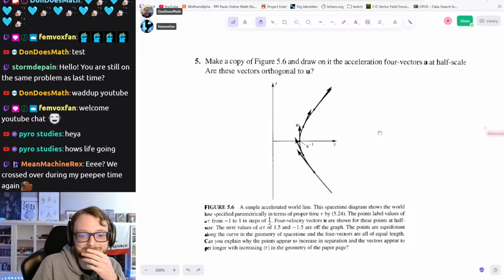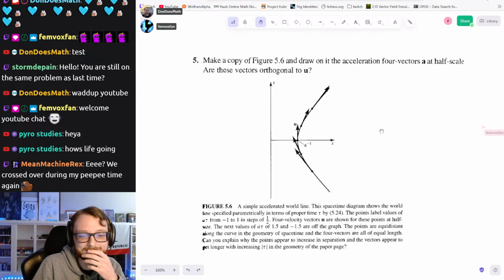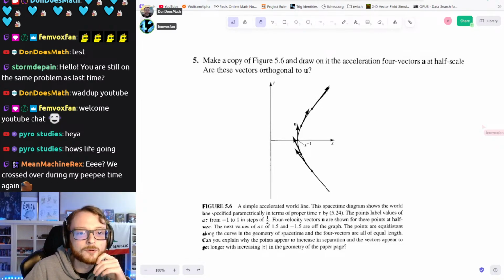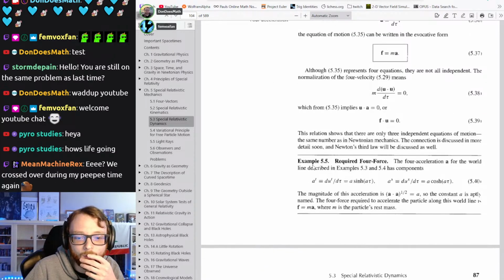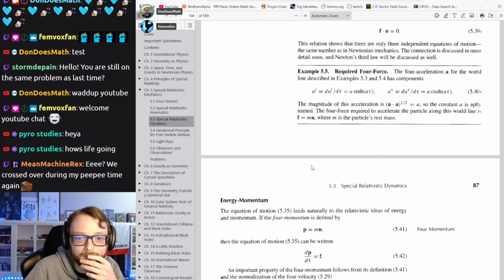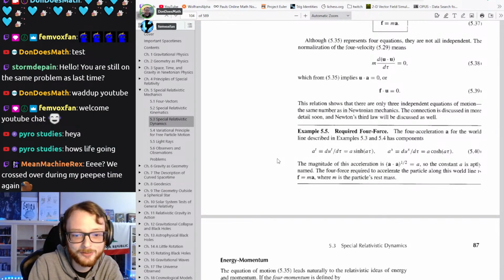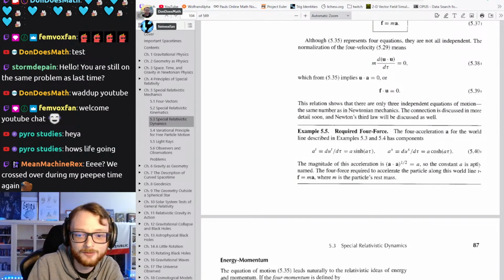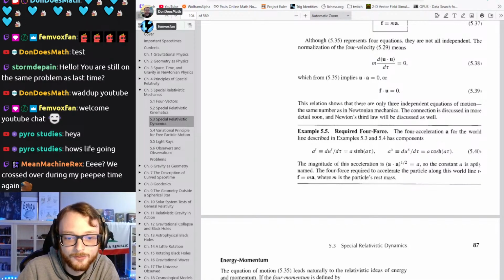Well, we have the components of acceleration, right? From example 5.5, at the bottom of that same page, 86. Oh, you're right. That's a great thing to use.